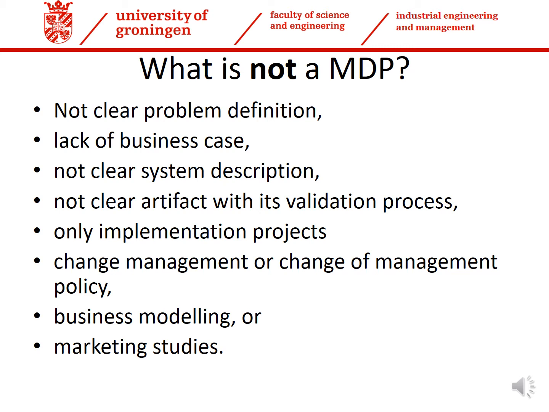When the project is only about implementation, when it's only about putting into work or making work some sort of technology or algorithm that already exists, then we hesitate a little bit about it. There should be a clear design.